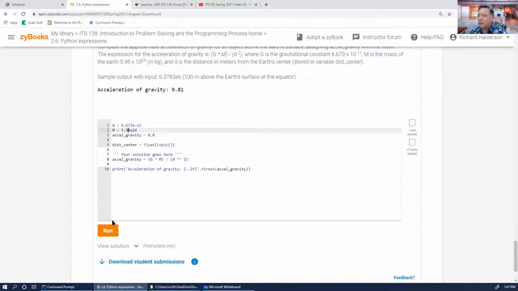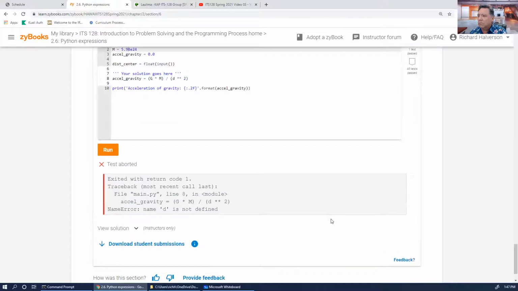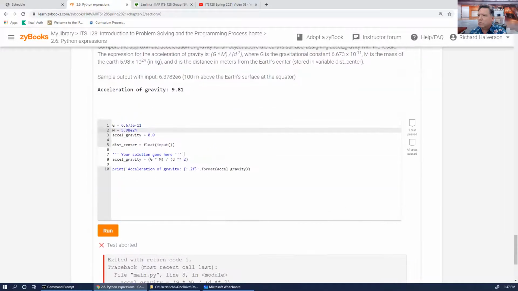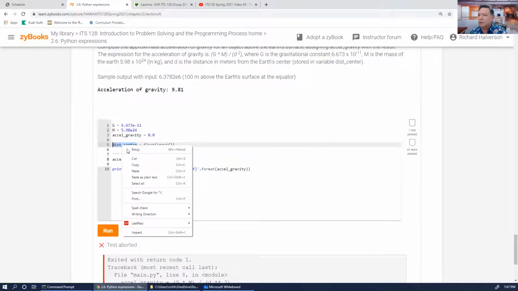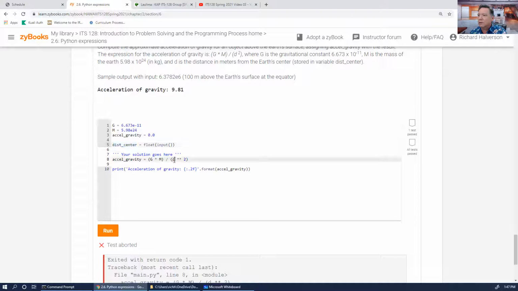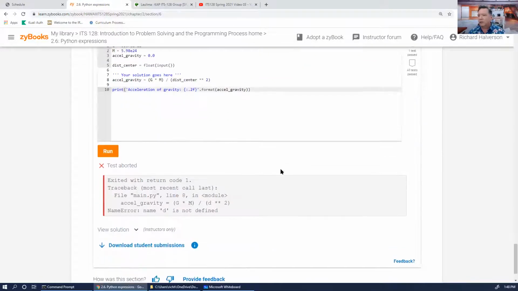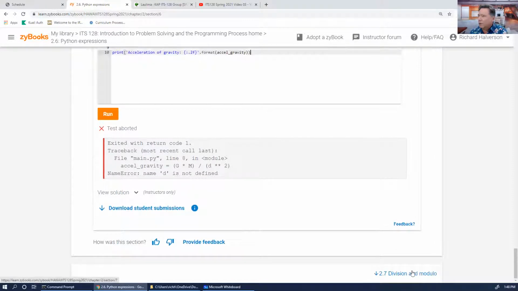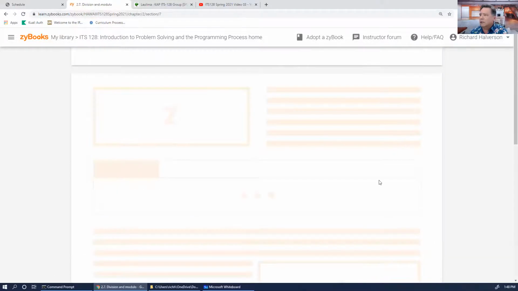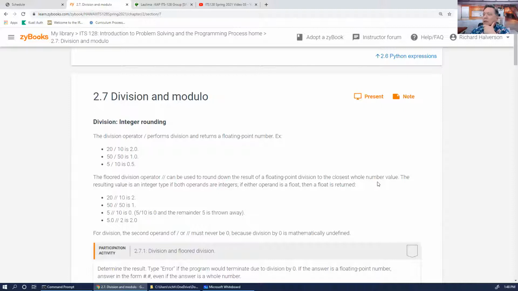Okay, so let's see if this works. Oh, D was not defined. Oh, because it's this. It should be this. Okay. So anyway, you can fix that. All right. Those are, so you get the idea, Python expressions.